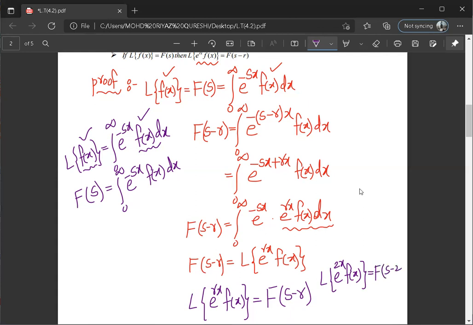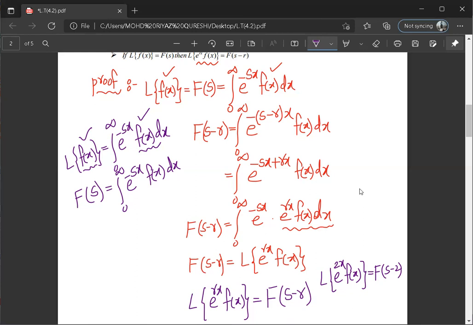If I ask you the value of e to the power of alpha x f(x), then it is f of s minus alpha. So I mean to say, whatever the coefficient of x is, that should be subtracted from s.